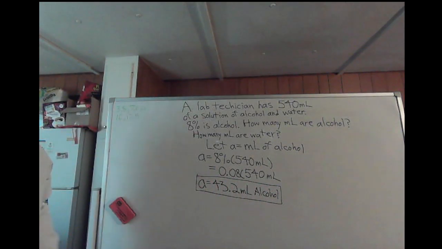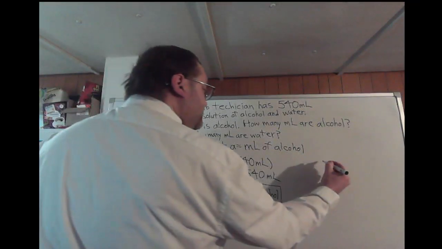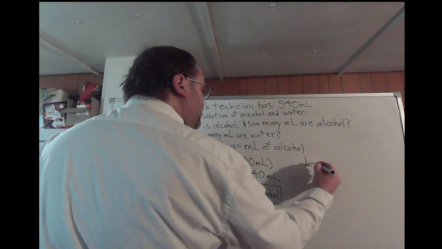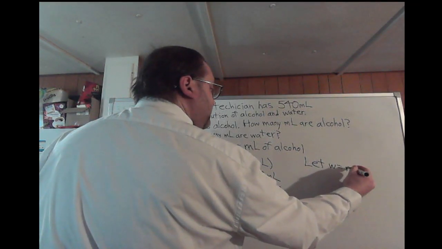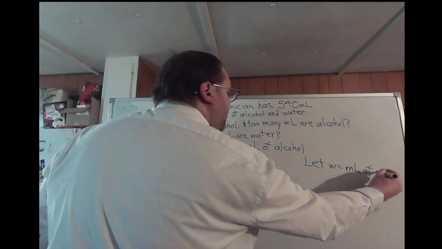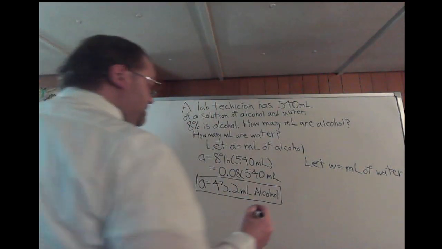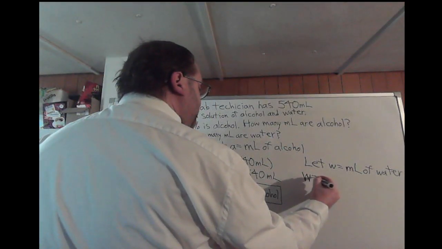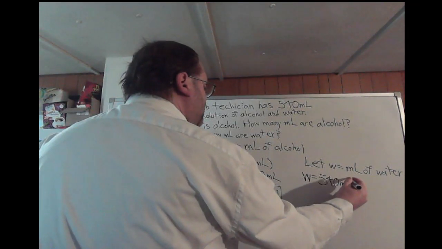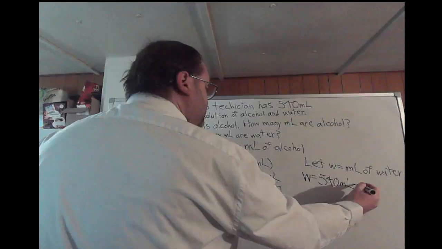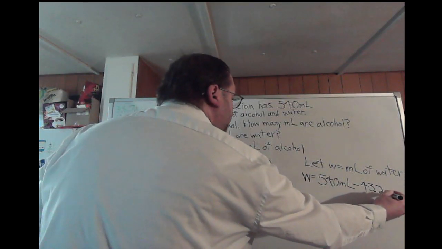If you want to figure out the water content, all you got to do is take that 540 milliliters. Let W equal milliliters of water. That's what I would do. Your water content is going to be equal to the 540 milliliters minus the 43.2 milliliters, because the rest of what's left over is water.